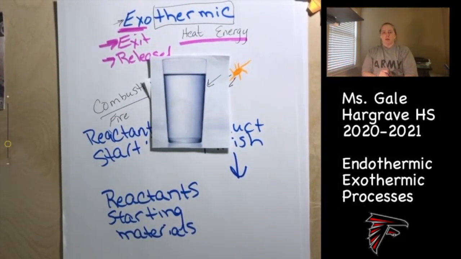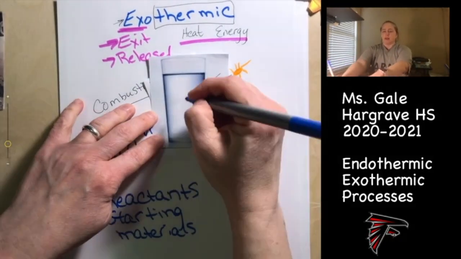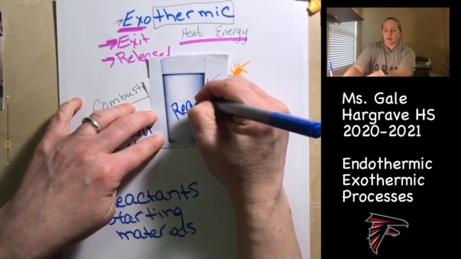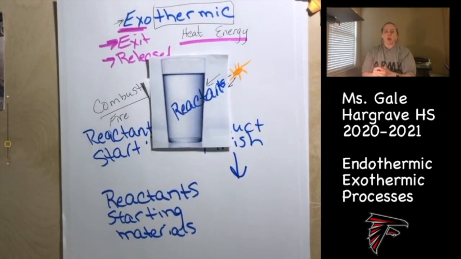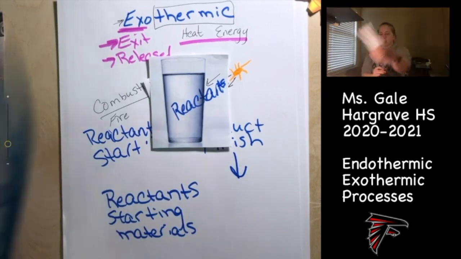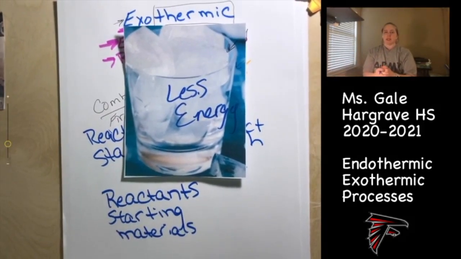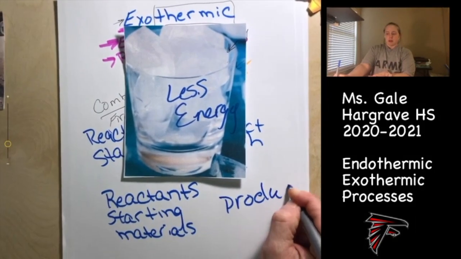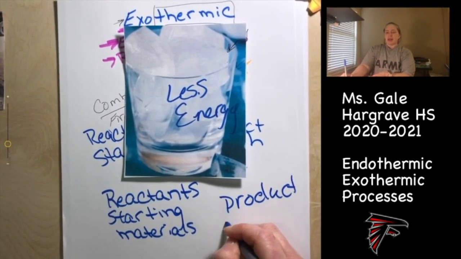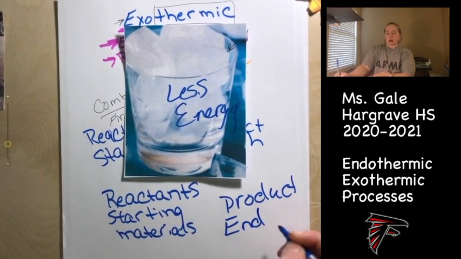Your glass of water, you start with the glass. This is your reactants. This is what you start with. You throw that into the freezer. It freezes. The product is what you end with, or your finished material.